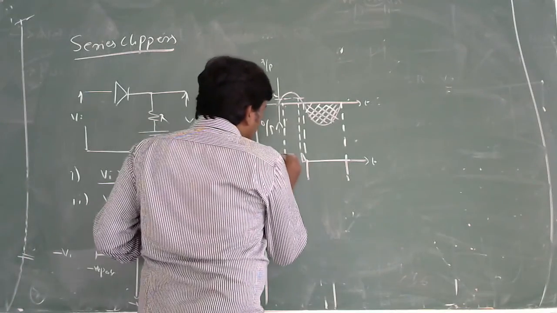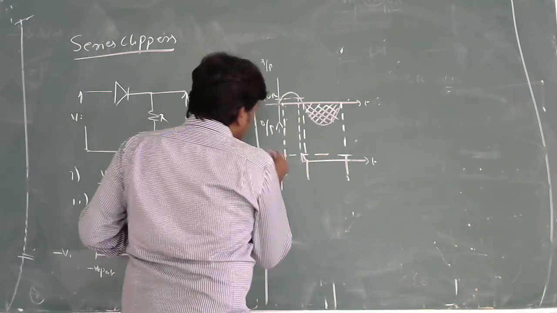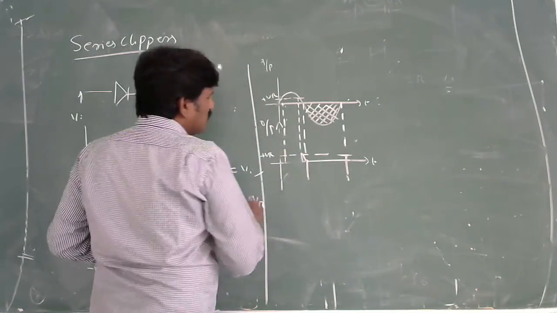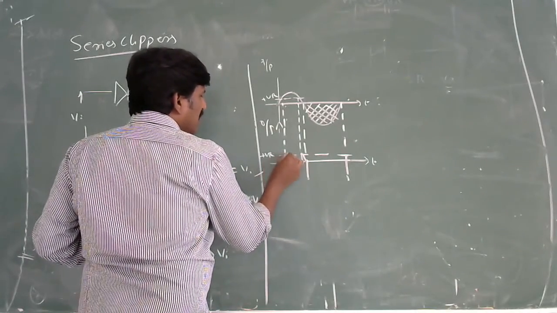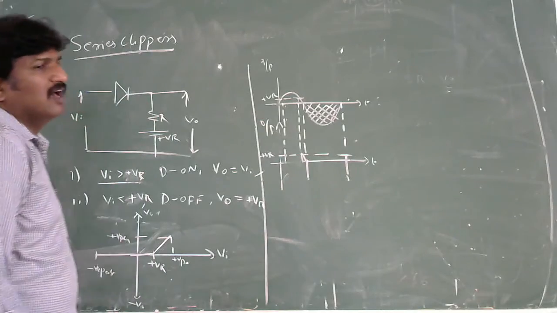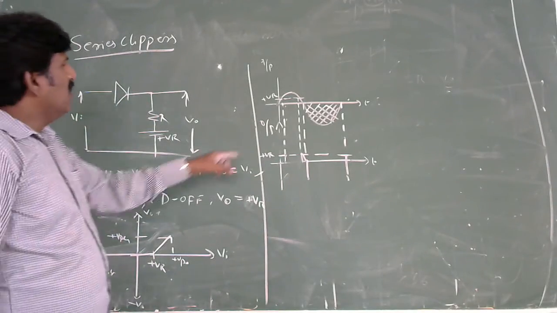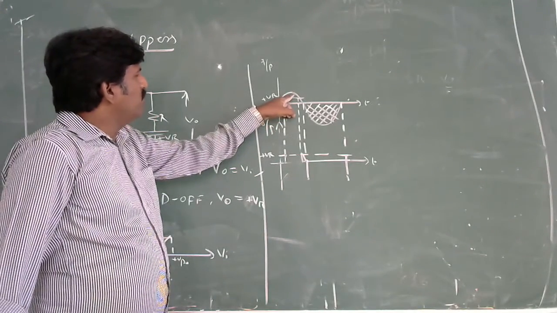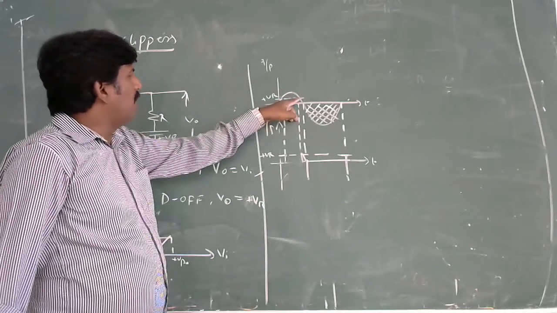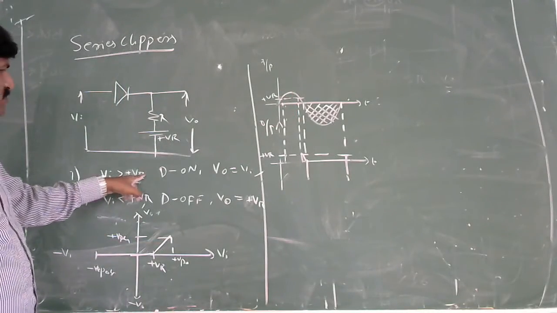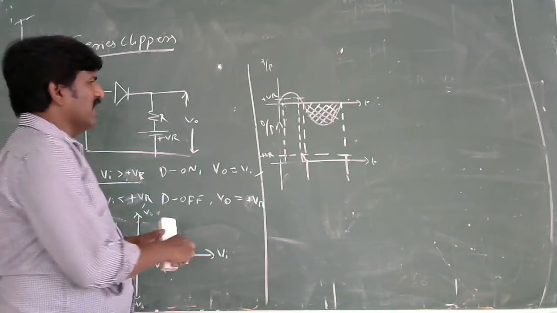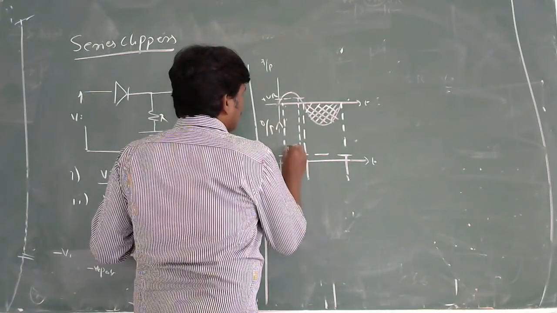So, up to 0 to plus VR, it follows the plus VR only. After this plus VR, input is greater than plus VR. From here to here, just observe: Vi is greater than plus VR, V naught follows Vi. It means it is the same replica.